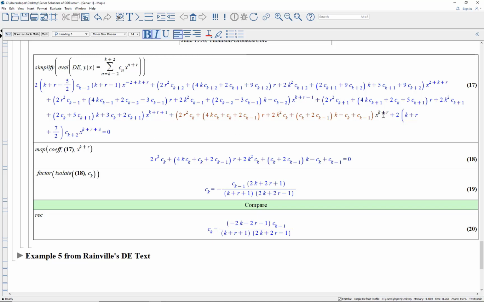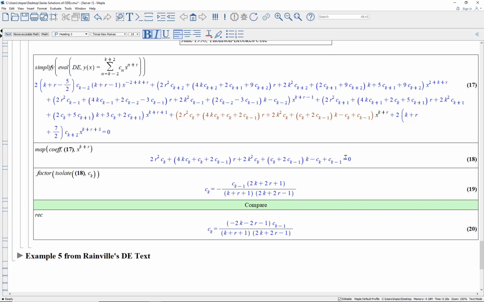Because if you grab that, which is what I did here, I said, give me the coefficient of the term that has x to the k plus r. That's what this thing does. And map, because this is set equal to 0, and the coefficient command only works on expressions, so you've got to do each side separately.